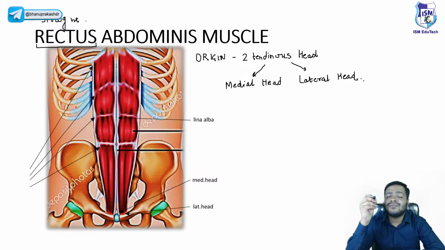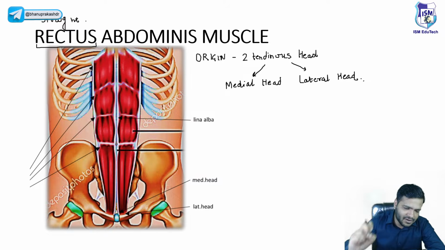Basically, beta, what is the main difference? Muscles have the property of contraction. Tendons do not have the property of contraction, right? So that is again one of the differences. One, they help the attachment from the muscle to the bone. Otherwise, in other words, muscles have the property of contraction, tendons do not. So we have the two tendinous heads, the medial head and the lateral head.